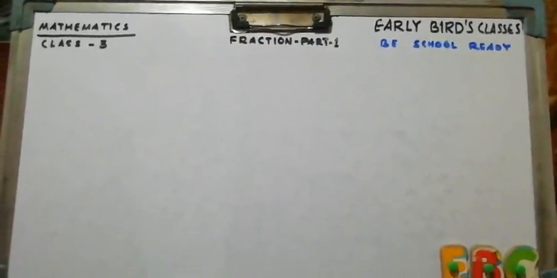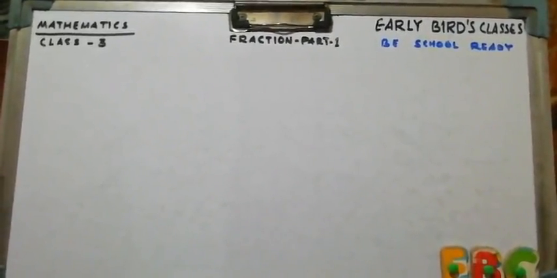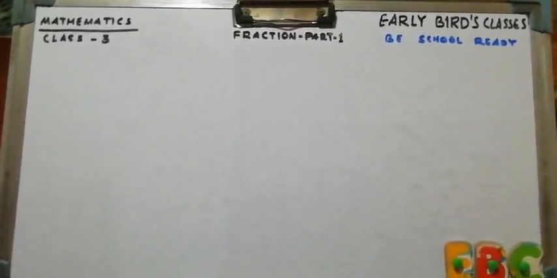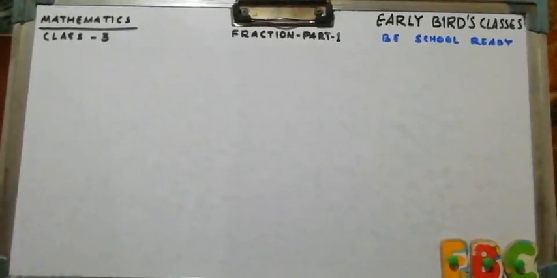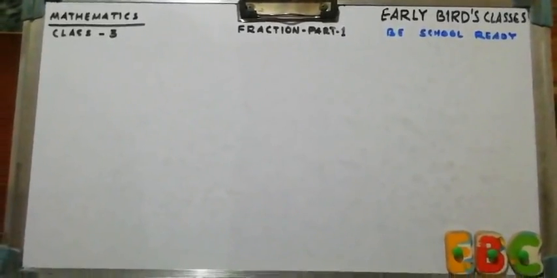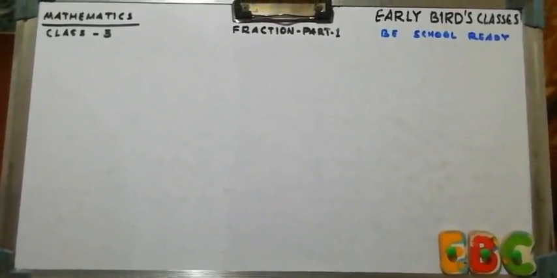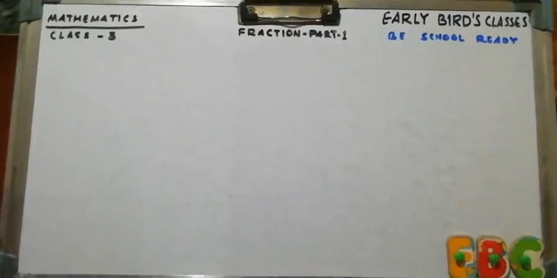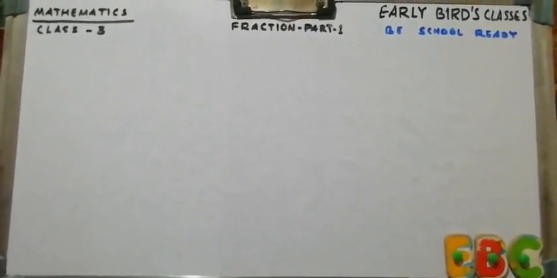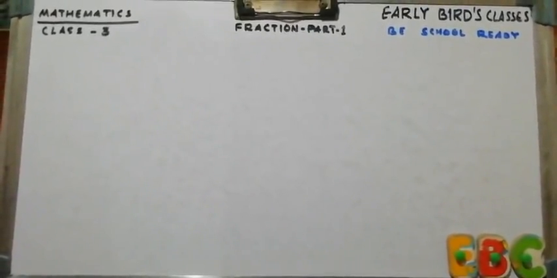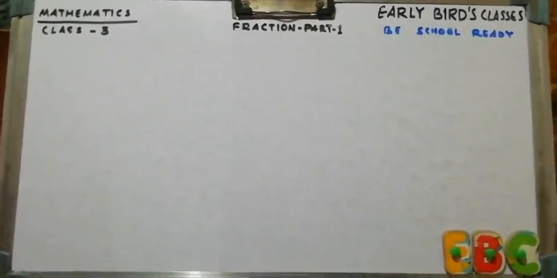So, what is fraction? When we divide anything into equal parts, each part is called fraction of the whole. Suppose we have pizza and it is equally distributed into 6 parts.